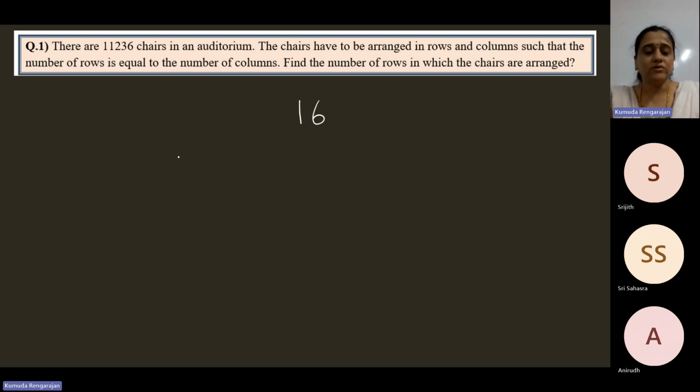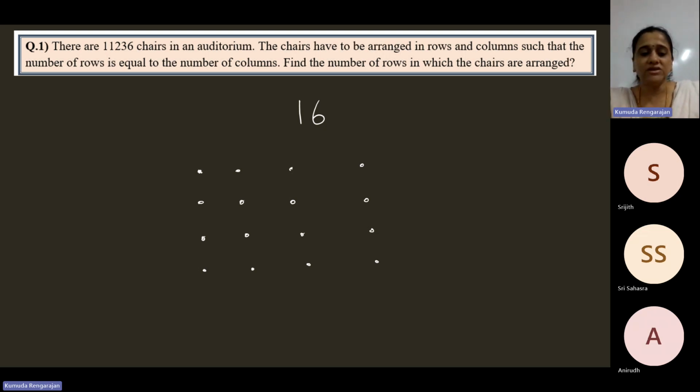Which means you will make 4 rows and 4 columns like this. So you'll arrange the chairs like this. In this arrangement, you can see 16 dots, which represent 16 chairs.